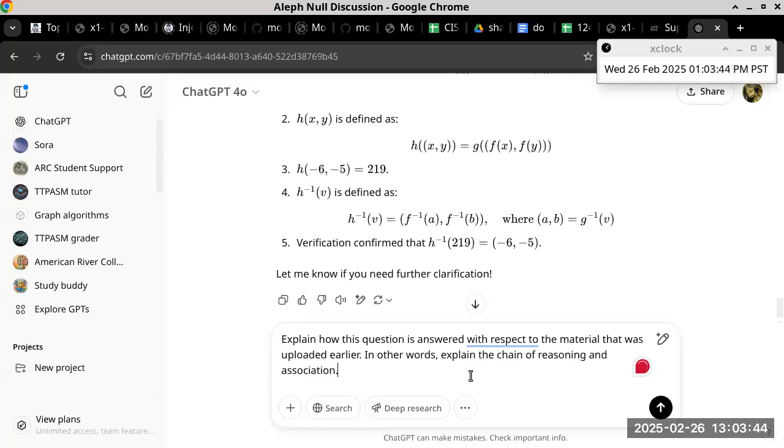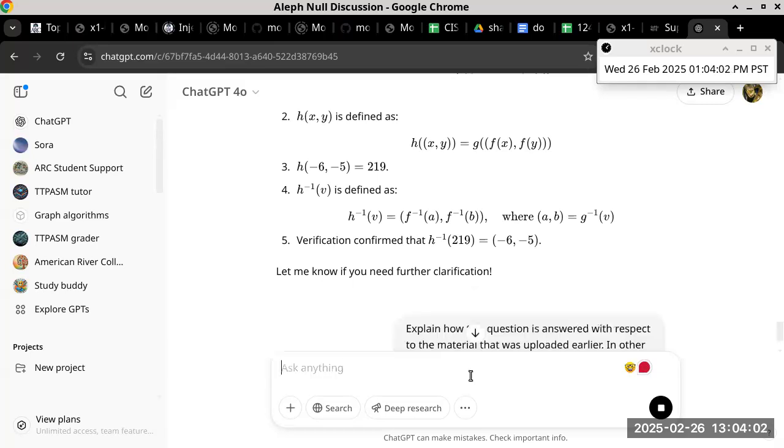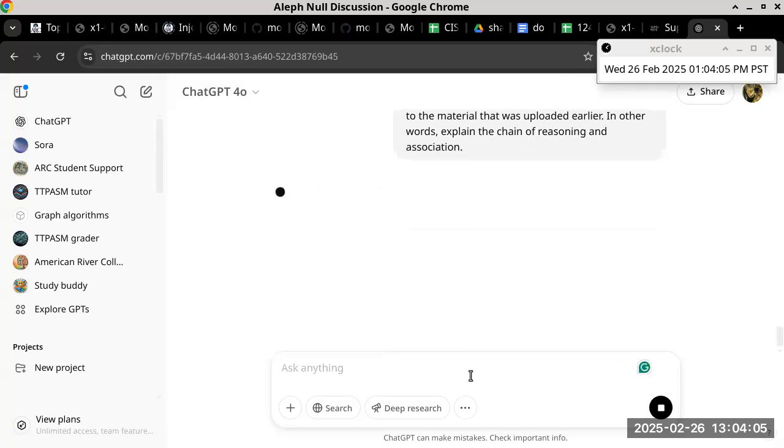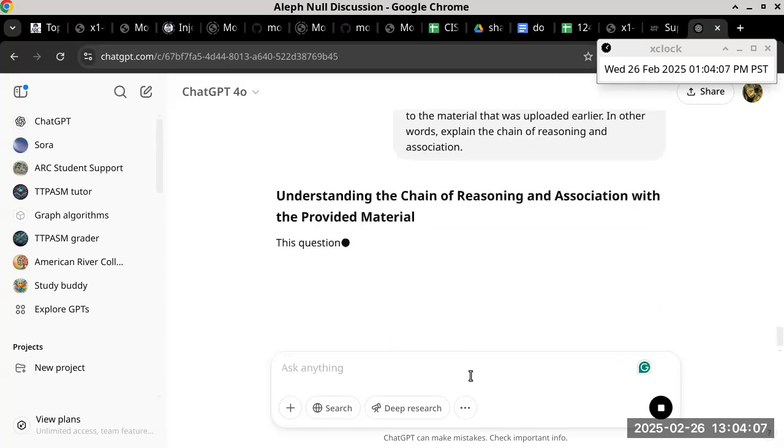Because what you want to know is how ChatGPT reads the question and says, oh, okay, according to this part of the question, I need to look that up in the module. Because the first thing you need to do is relate the question to the material that is presented to you. You need to know that part before you can even apply reasoning.